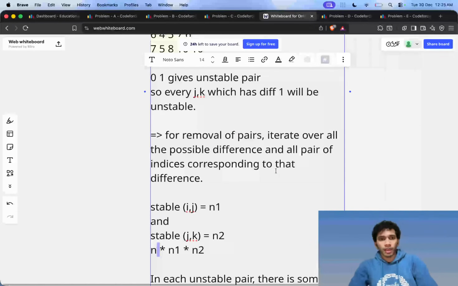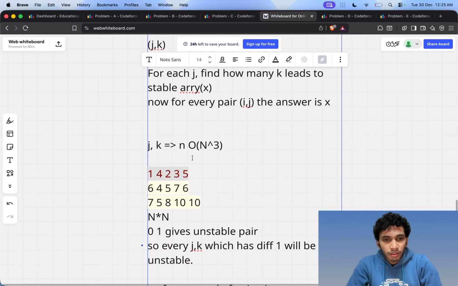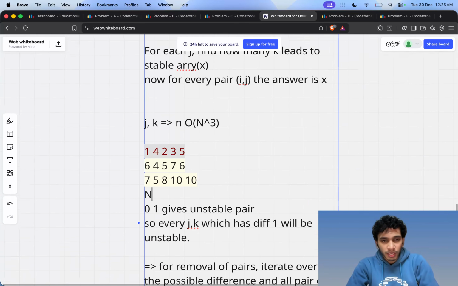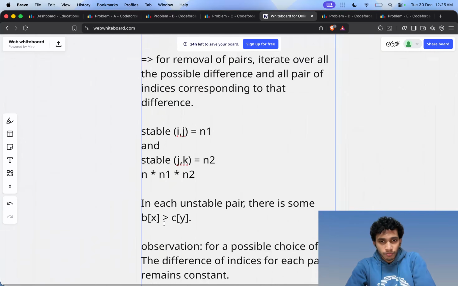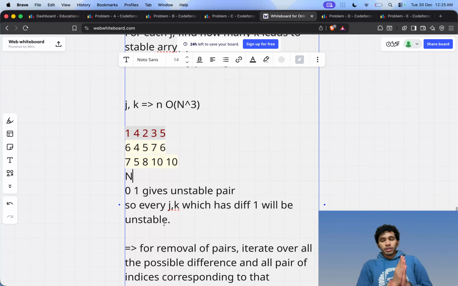So this is as we discussed. For each choice of J and K, we have n options. At each difference, if we find an unstable pair, one choice for J for every I will be reduced. Why? Because for this I, if the difference is 2, what is the choice of J?